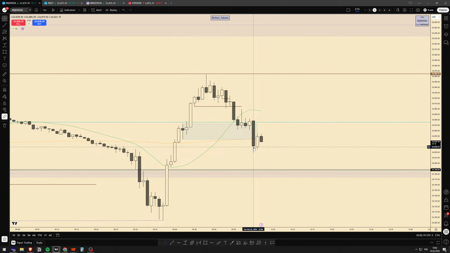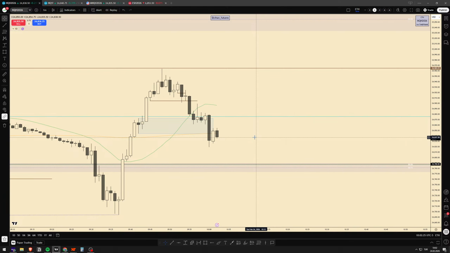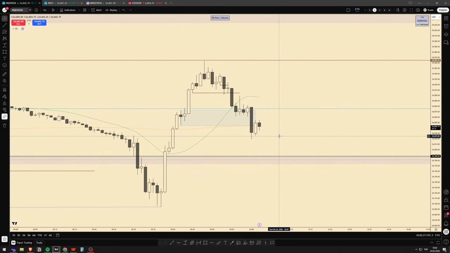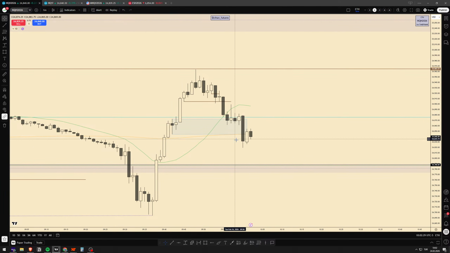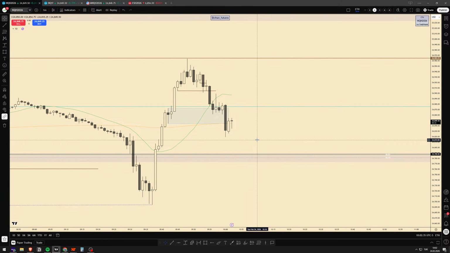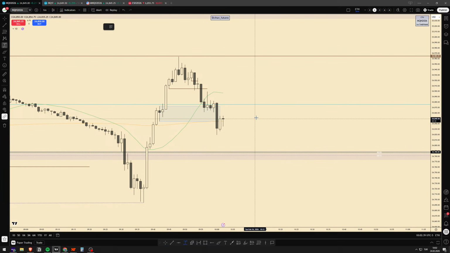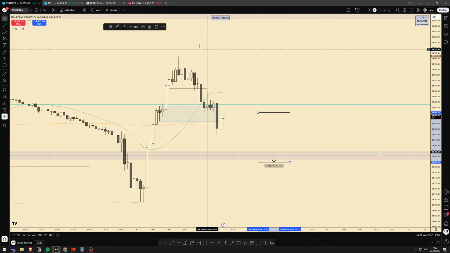Because I feel like in these recent days, news releases cause consolidations more than they cause big candles. I mean, in previous years, news releases would leave huge candles and maybe reverse back, maybe keep going.